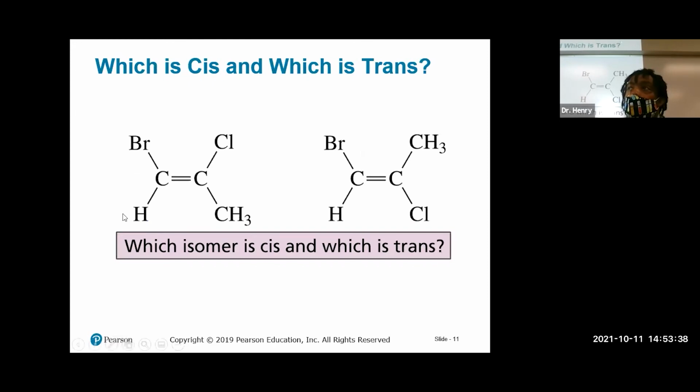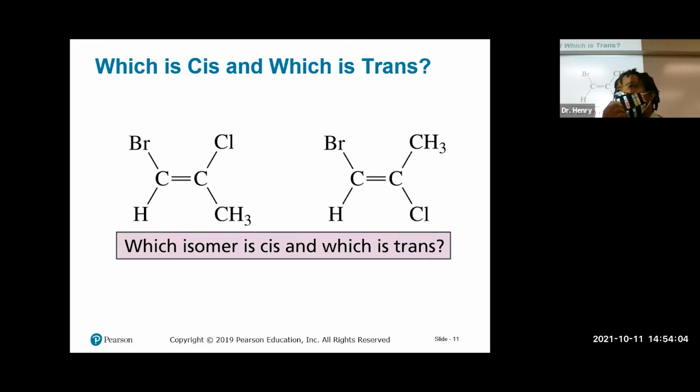Okay. So which one of these is cis? Which one is trans? Are you sure? This is actually a loaded question.